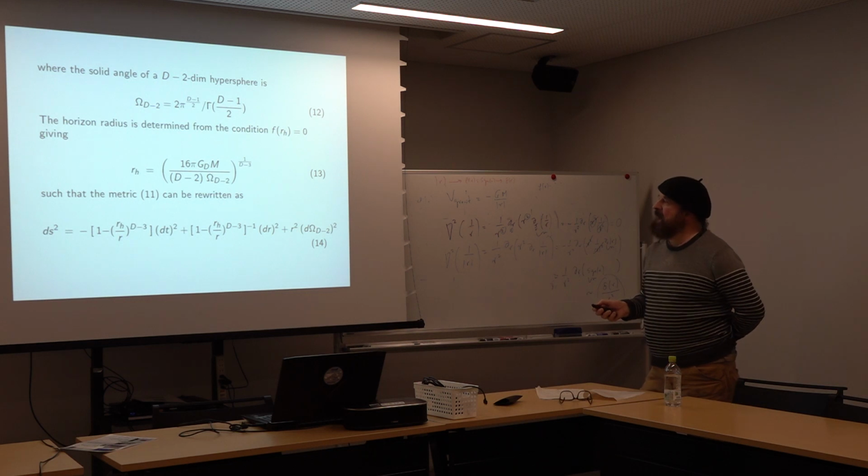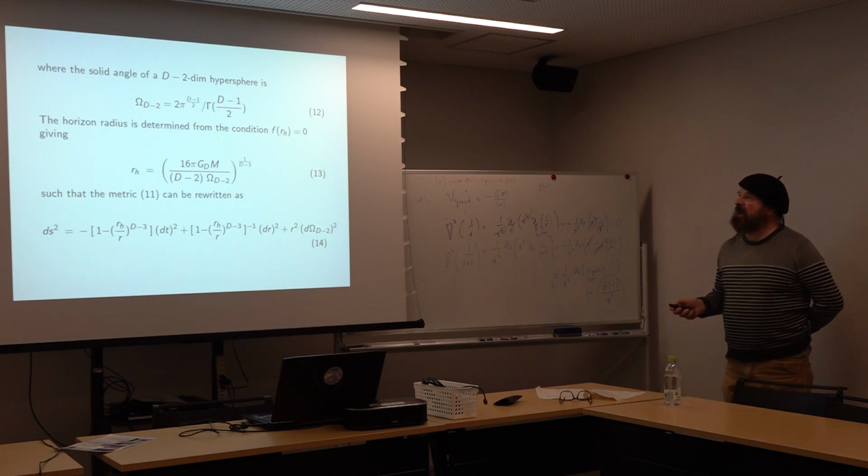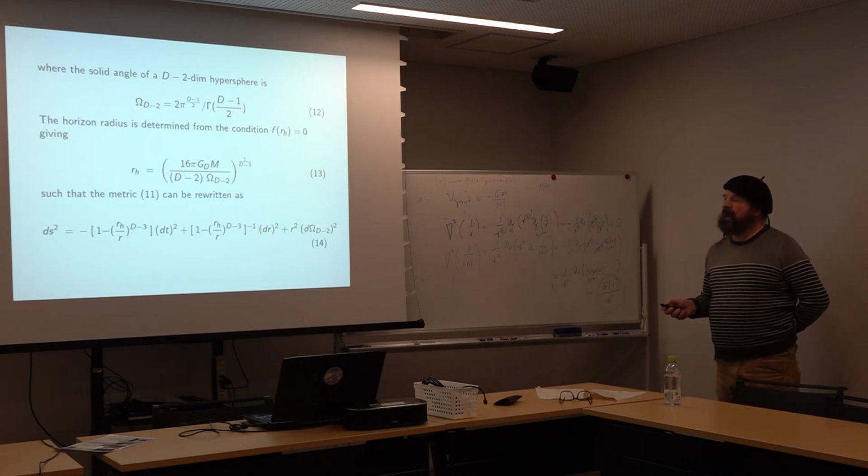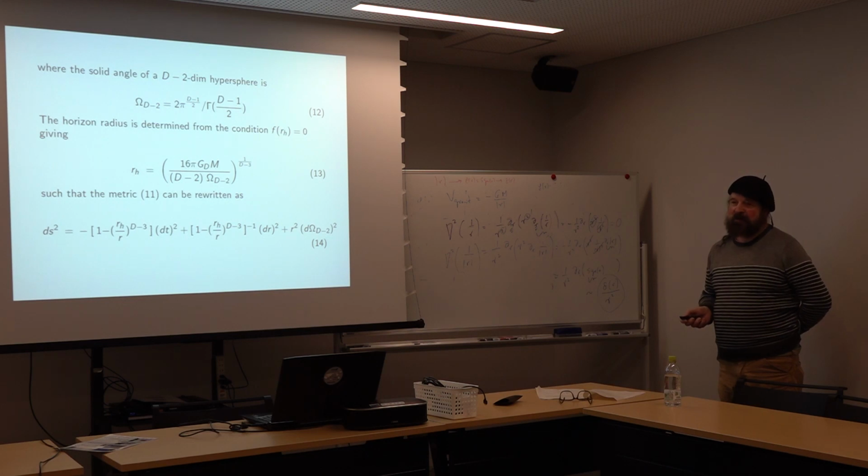This is the integrated solid angle over the whole hypersphere. This is the differential element, and this is the integrated one. Yes, you're right, not to be rigorous. This should be the total solid angle of a d minus 2 dimensional hypersphere. I forgot to include the word total.